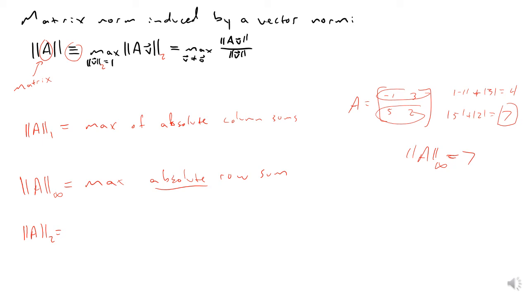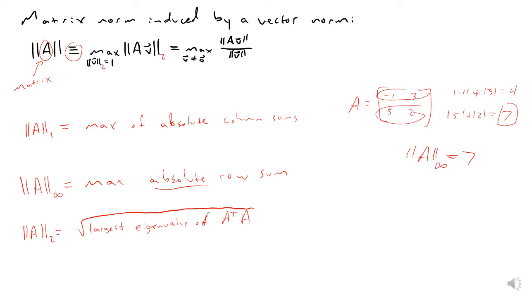So do the square root of the largest eigenvalue of the matrix A transpose times A. Again, that sounds really strange. Where in the world did that come from? It's kind of sad that they can't give you the proof of that, where that comes from. But this is just going to be one of those things that you have to, I guess, take our word for it.